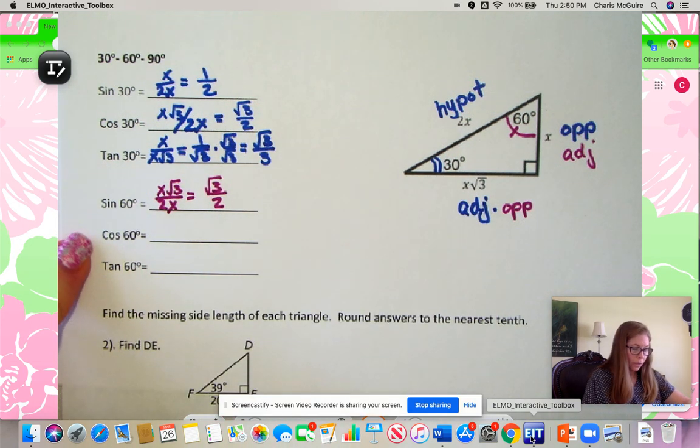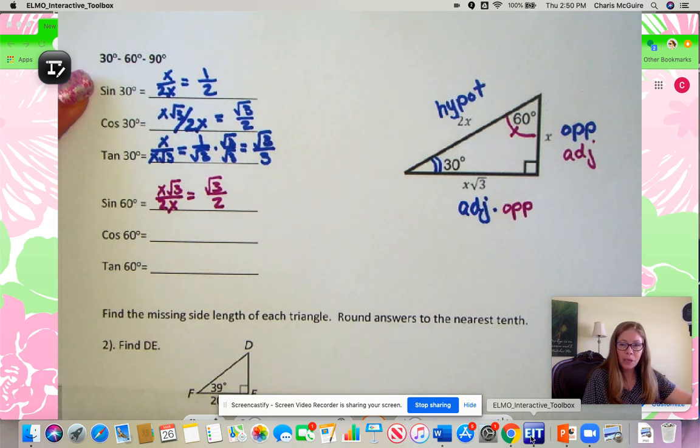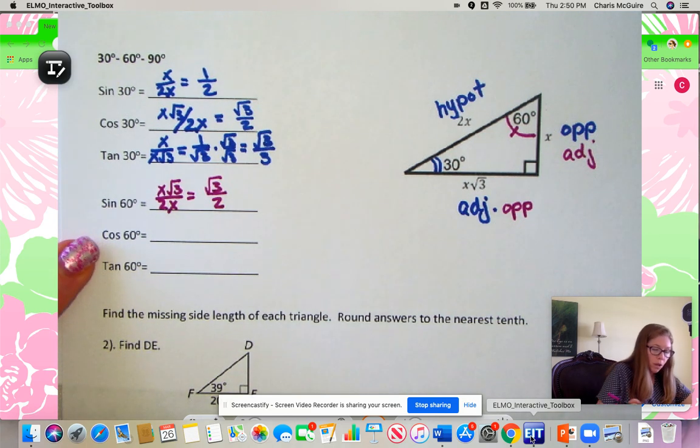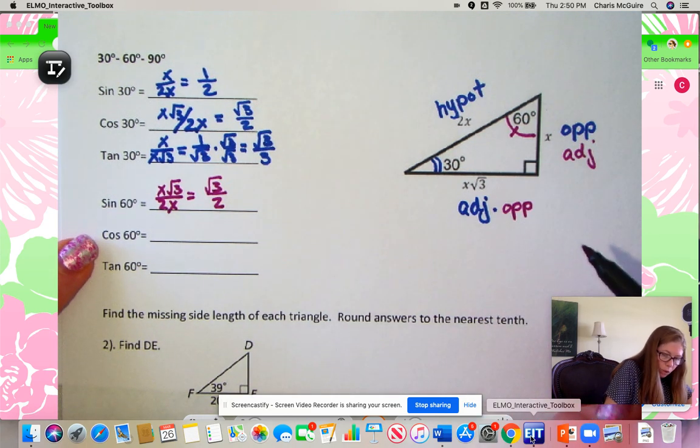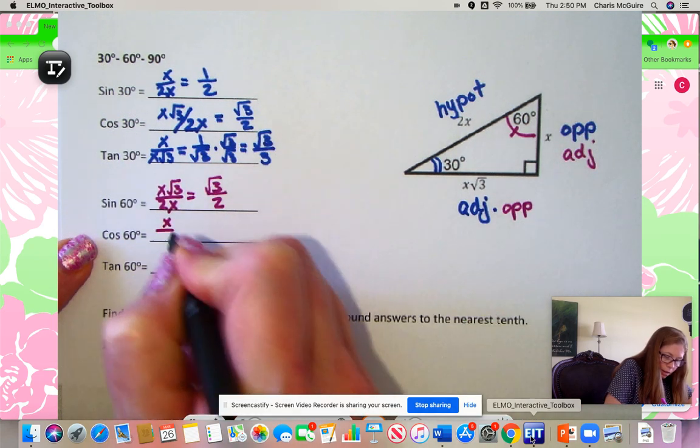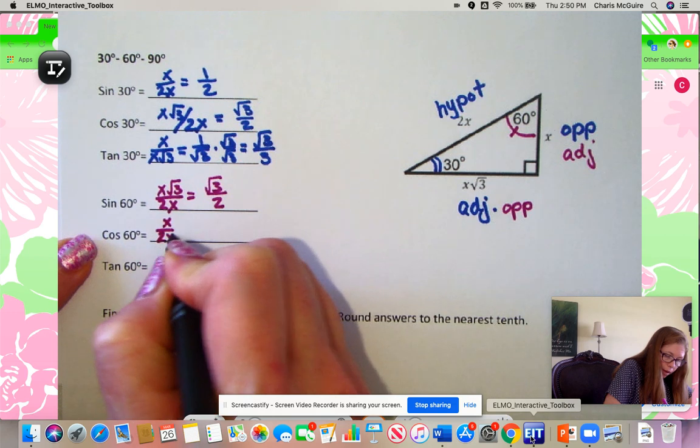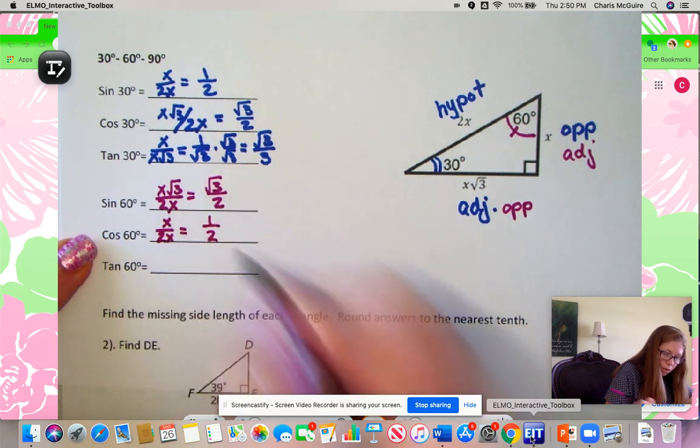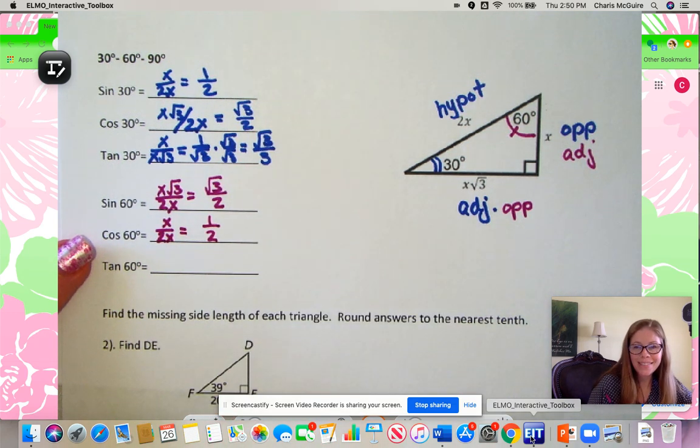Cosine is going to be the sine of 30, or 1/2. I didn't give you a chance to try that. That's okay. So cosine is going to be the adjacent side, the x, over the hypotenuse, the 2x. So that's 1 over 2. All right, you go ahead and try tangent.